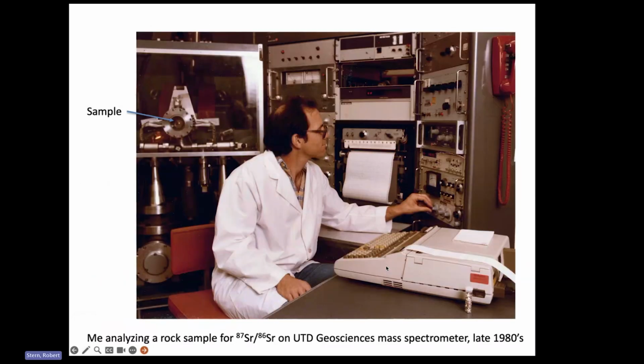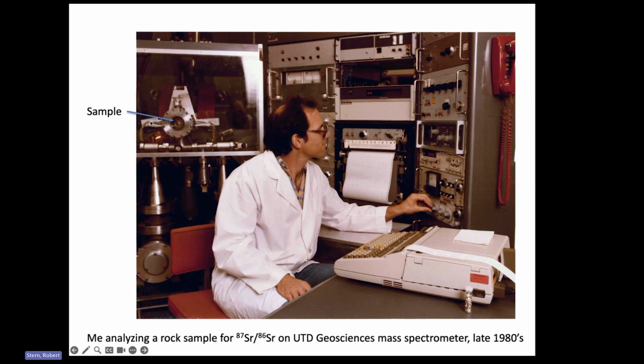So that's me many years ago analyzing a sample for 87 strontium, 86 strontium on the UTD Geosciences mass spectrometer. That would have been in the late 1980s. And this is an HP 87 computer, very modern at the time. And this is the sample. You can see it glowing in there.